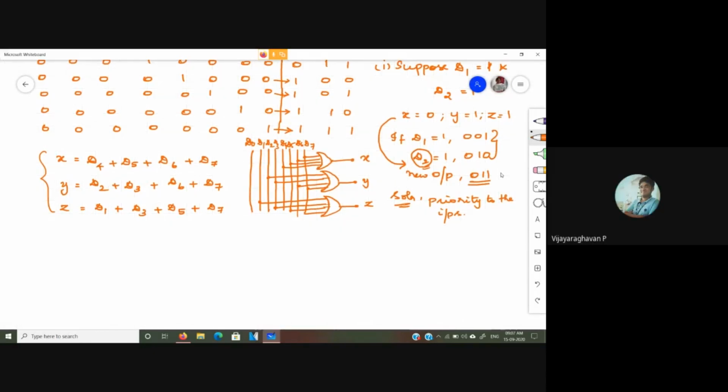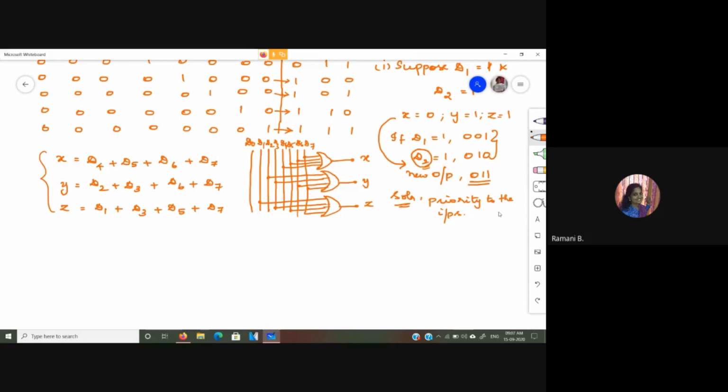Ma'am, can you explain this priority thing once again? Here I am having two inputs with the value of 1. D1 and D2 are equal to 1, right? So by priority, you can take it any way actually.